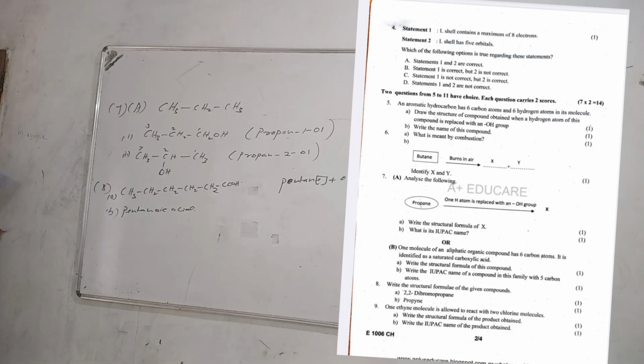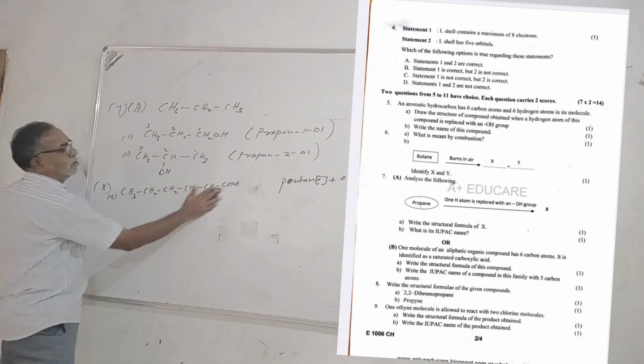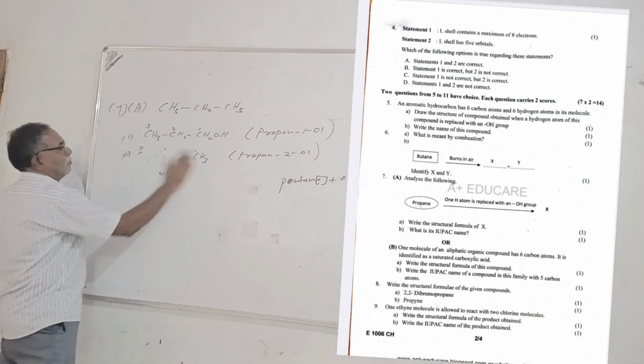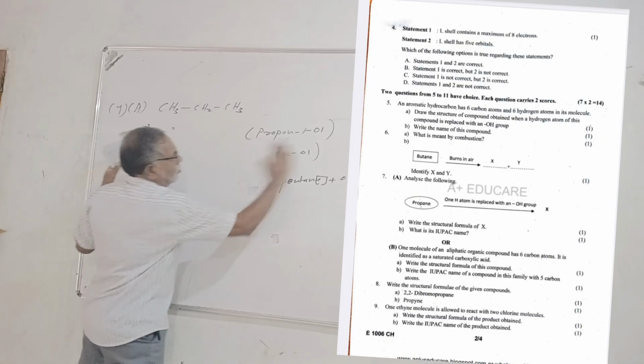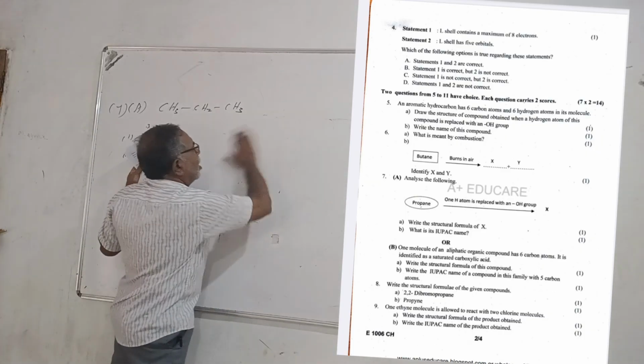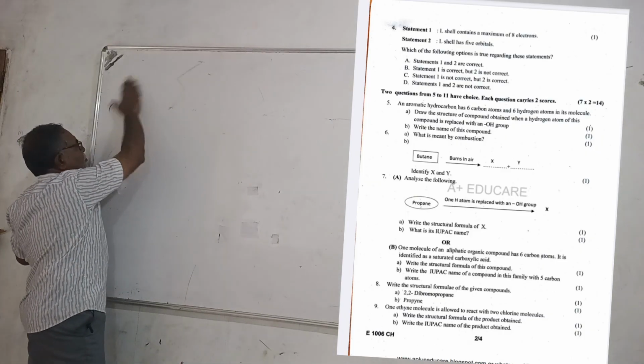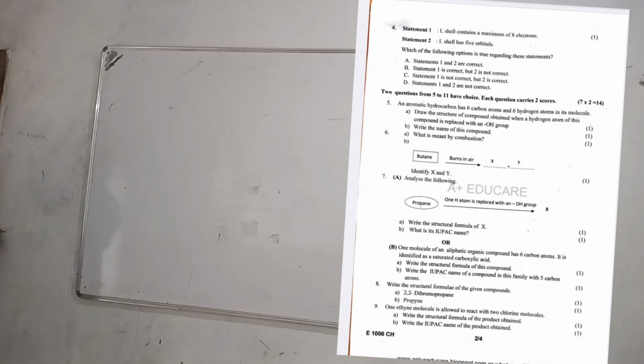Next question, question number 8. Write the structural formula of the given compound 2,2-dibromopropane.